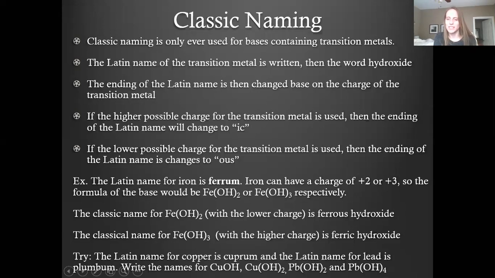As you can see, its name is based on its Latin name. Instead of ferrum, it is ferrous to represent its lowest charge. We still have hydroxide to represent the OH. Fe(OH)3, the one with the higher charge, still has that ferrum root, but its ending is changed to -ic. So ferric hydroxide represents the iron with the higher charge.